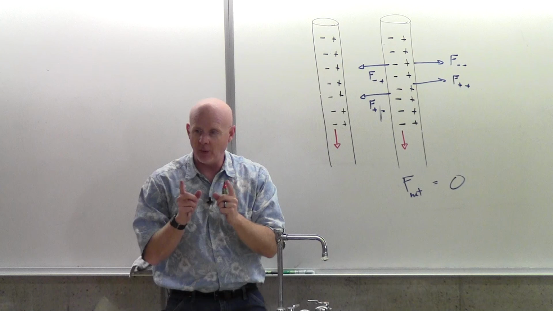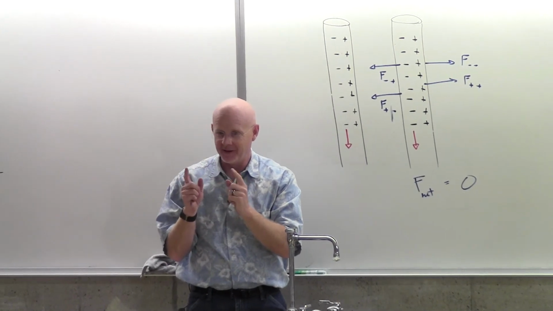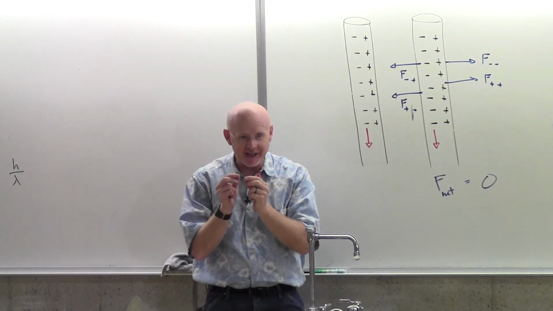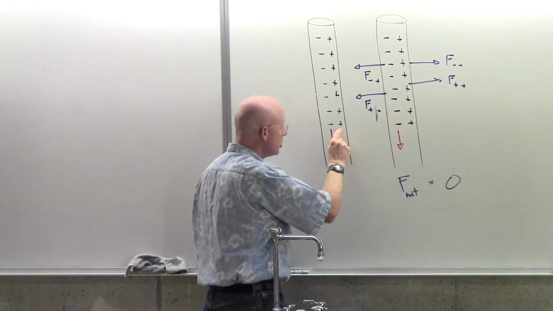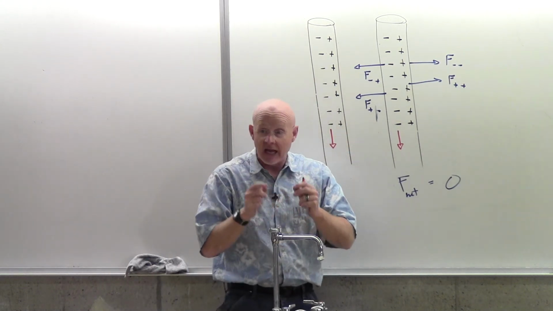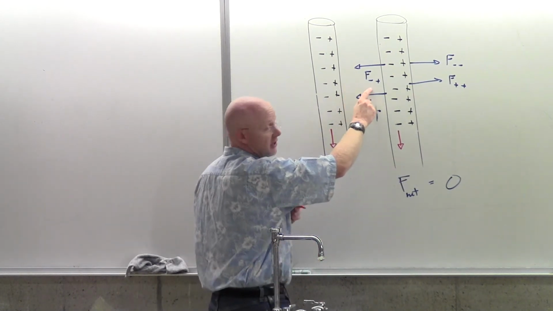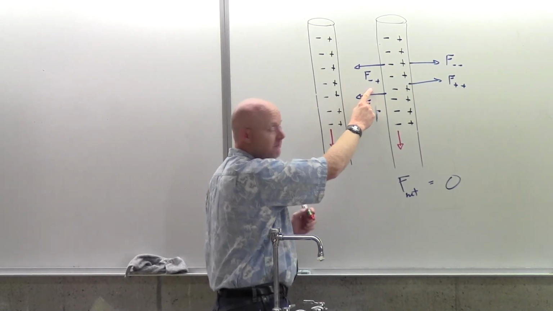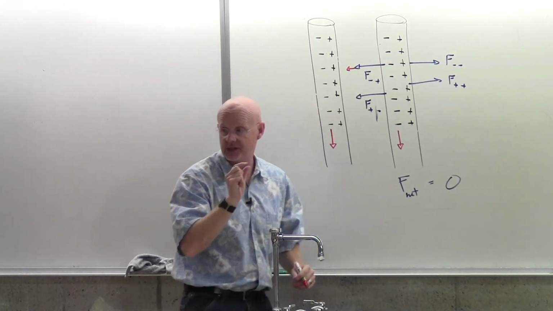And if they're moving, what would happen to the spacing between them? Wouldn't they get closer together? So this wire, these electrons, look at those positive charges and think they're closer together. If they're closer together, it thinks there's more of them. And so what would happen to this force? Would it stay the same size? It would increase a little bit.